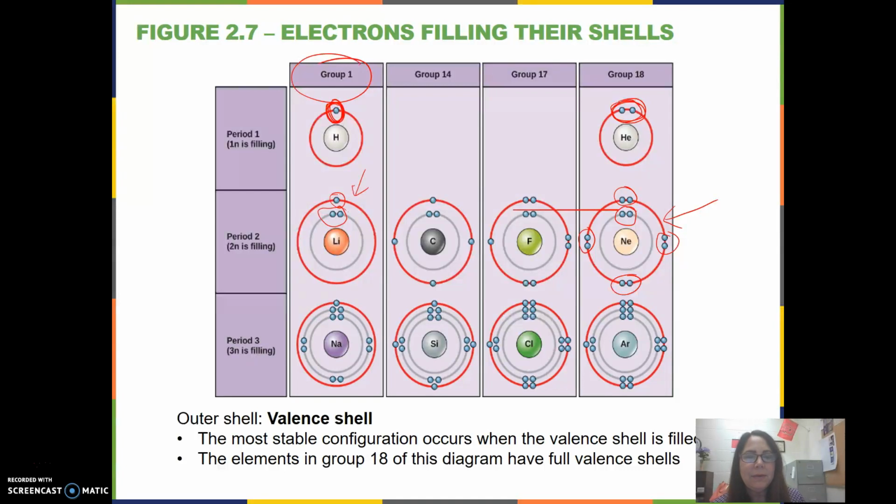You can look at these other examples and see the same type of thing. But basically the group will tell you how many valence electrons the atom has. Group 1 has 1 valence electron. Group 14 has 4 valence electrons. Group 17 has 7 valence electrons. Group 18 has 8, except, again, for hydrogen and helium in period 1.